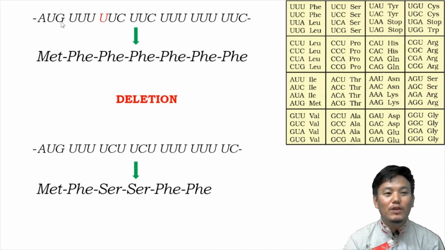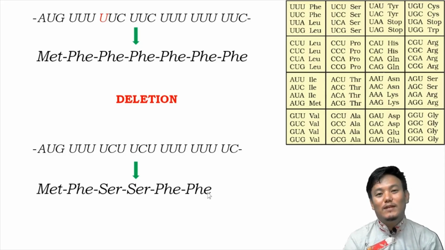It was earlier AUG, UUU, and UUC, but now look over here. After the U is deleted, we have AUG, UUU, and now instead of UUC, we have UCU, right? And UCU over here. So after the point of deletion, the entire reading frame has changed, and because of this the sequence of amino acids has changed. This is the effect of point mutation, right?